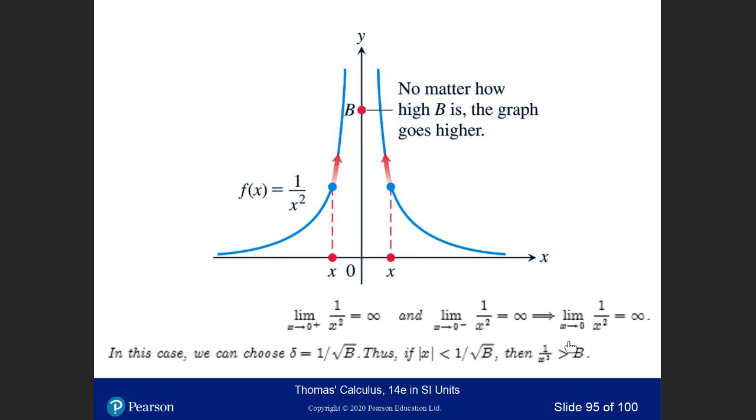In this case, what's the delta we should choose? Delta we are going to choose is 1 over square root of b. So around 0, I will have this length 1 over square root of b, and this length 1 over square root of b, and so 1 over x squared will be greater than b always.